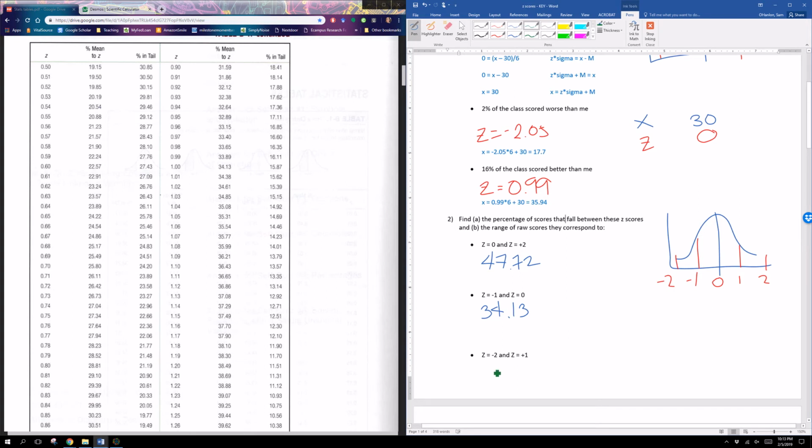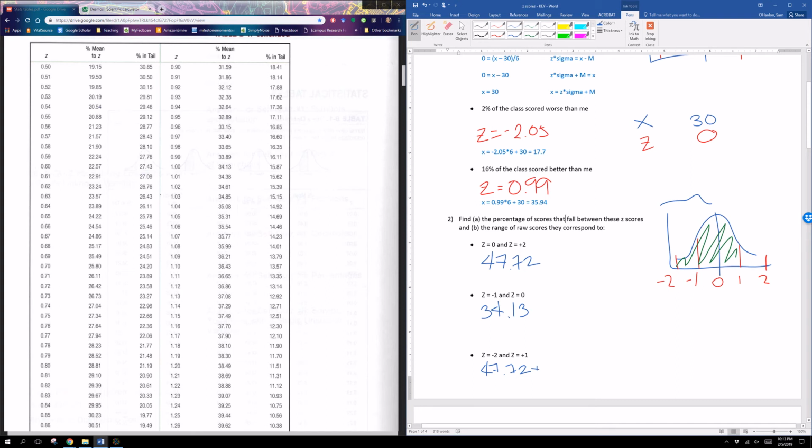Now we are asked for the space between -2 and +1. So that is this whole space. Because we said that the distribution is symmetrical, the amount between 0 and +2, which was right here, is the same as the amount between 0 and -2. So we can do 47.72 to give us this area right there.